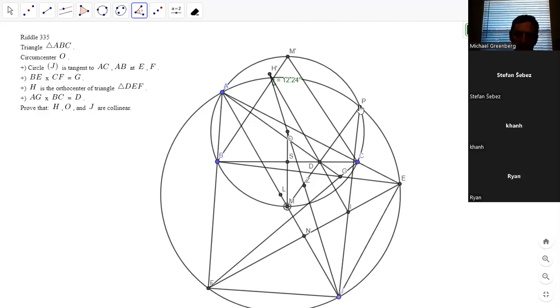Is there any other angle equal to that? Well, angle OJA is obviously equal to that.